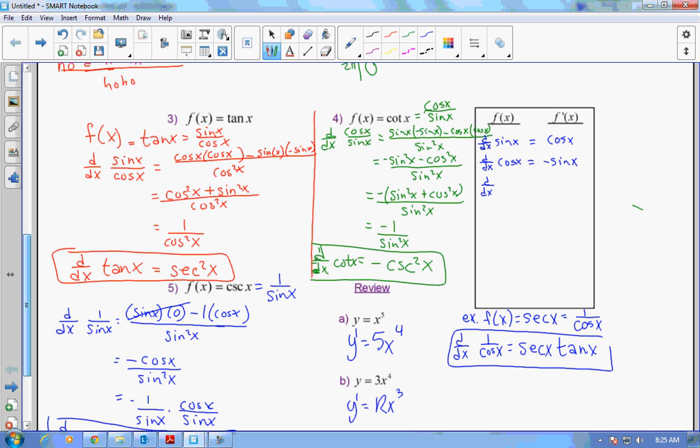Those are the two you use most often, but you need to have these ones memorized as well. The derivative of tangent. Yep, secant squared. Now these next two get kind of long. The derivative of cosecant has a cosecant in it, right? Negative cosecant x cotangent x.